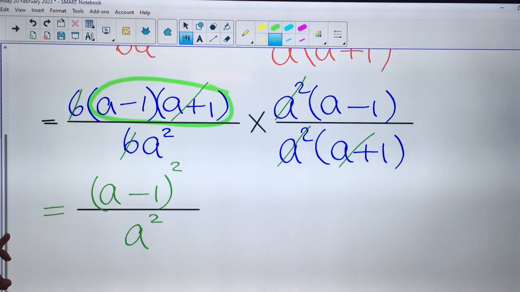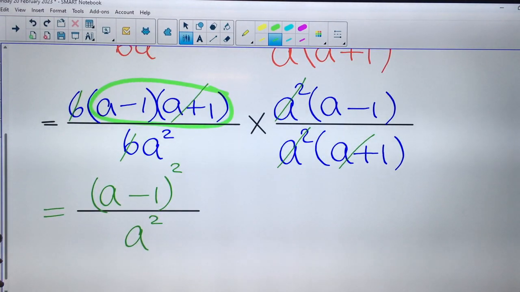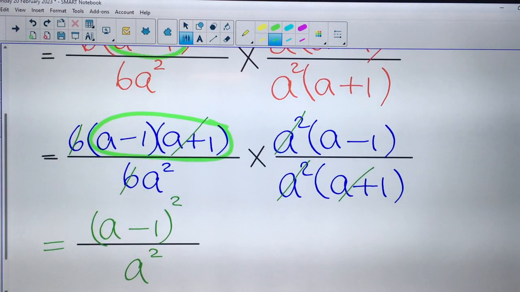That's why it's a minus 1 squared over a squared. And you leave your answer like that. Happy with that one? Yes.